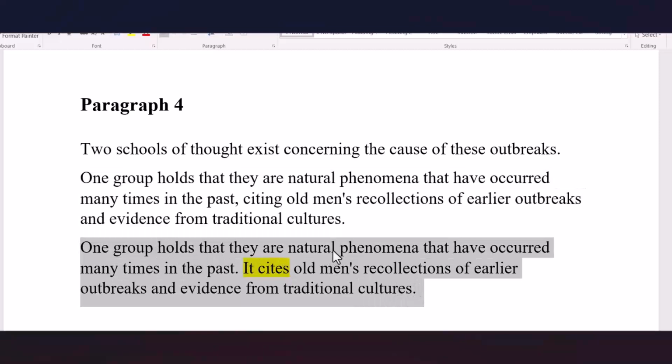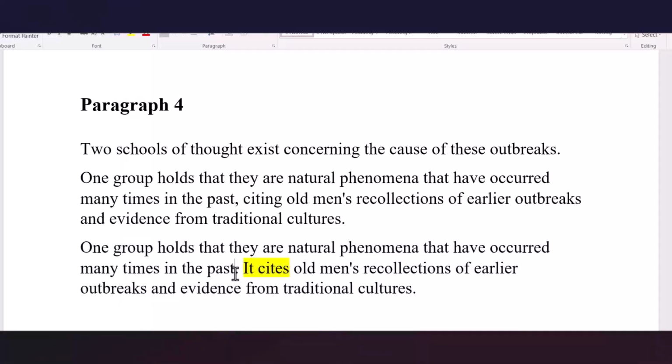One group holds that they are natural phenomena that have occurred many times in the past. We have a full stop here, and the next sentence: it cites old men's recollections of earlier outbreaks and evidence from traditional cultures.